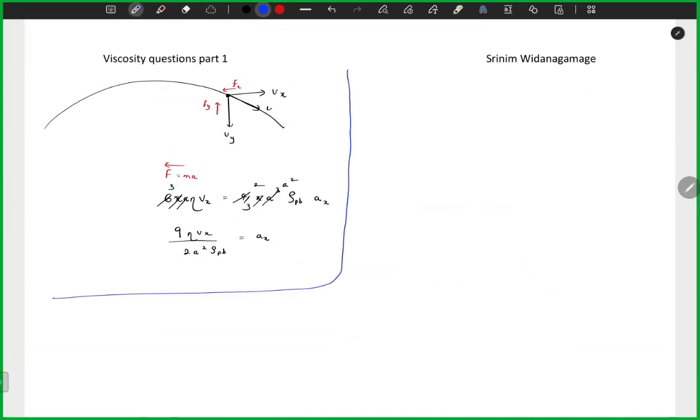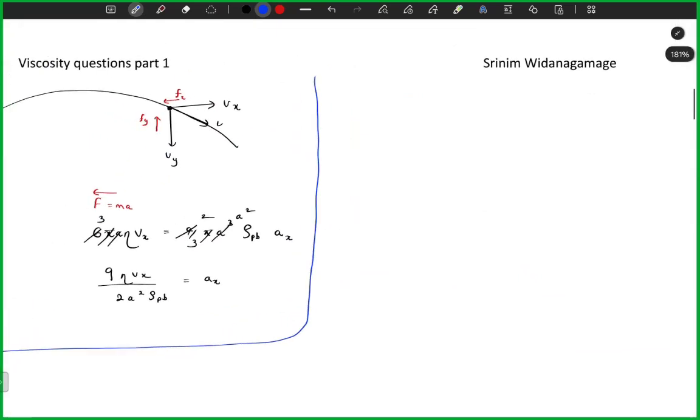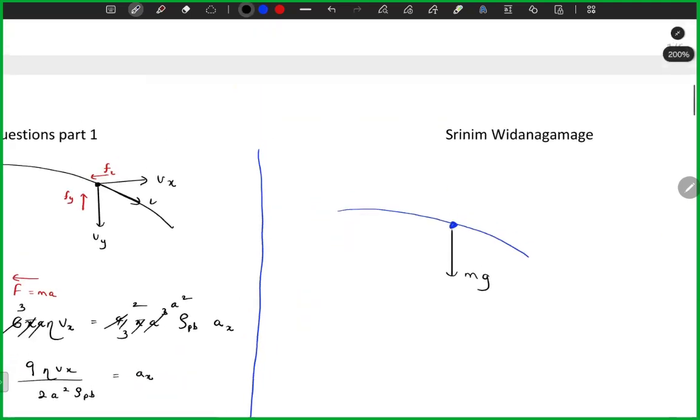Now I'm thinking about the vertical direction. So now tell me about the vertical direction. What are the external unbalanced forces acting on the sphere in the vertical direction, right? So of course, you have the weight acting downwards, which is mg. And then you have the upthrust acting upwards.